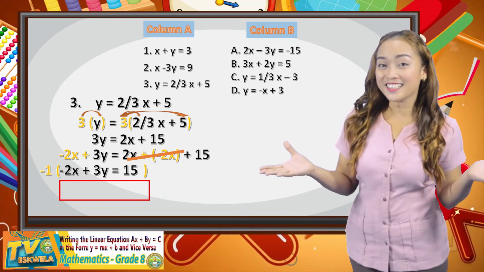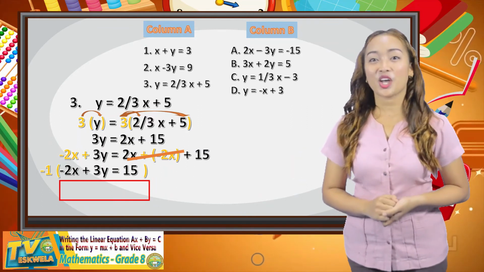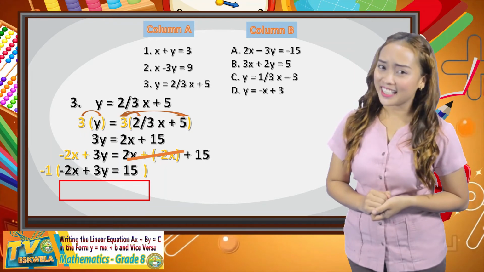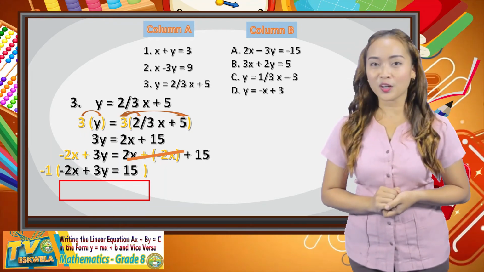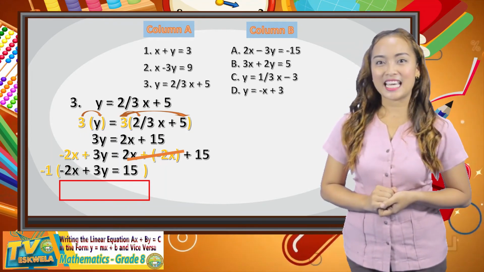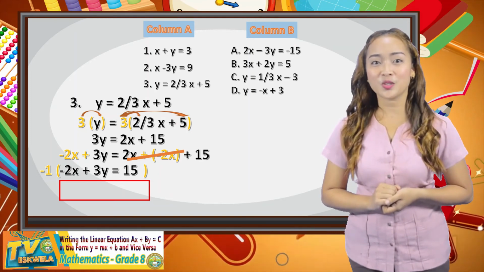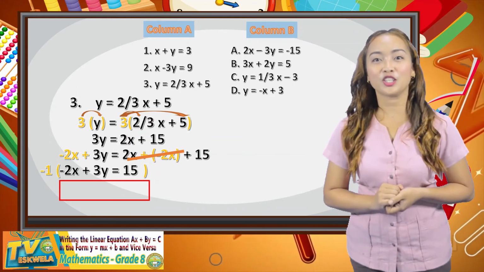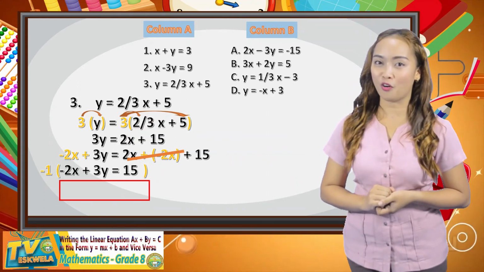Are we done? Not yet. What have you noticed, class? Yes, observe our ax. It does not correspond to our standard form, having a positive numerical coefficient for a.